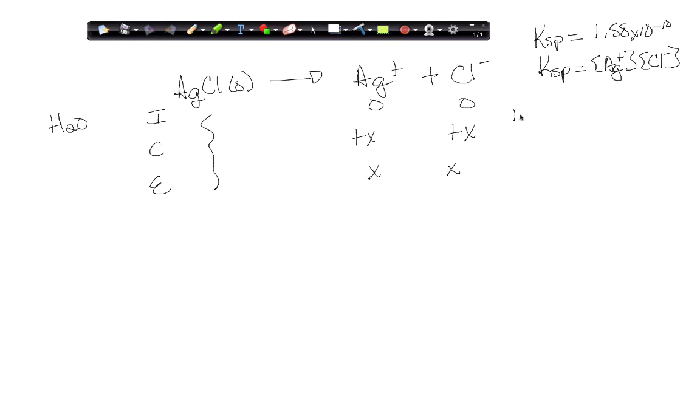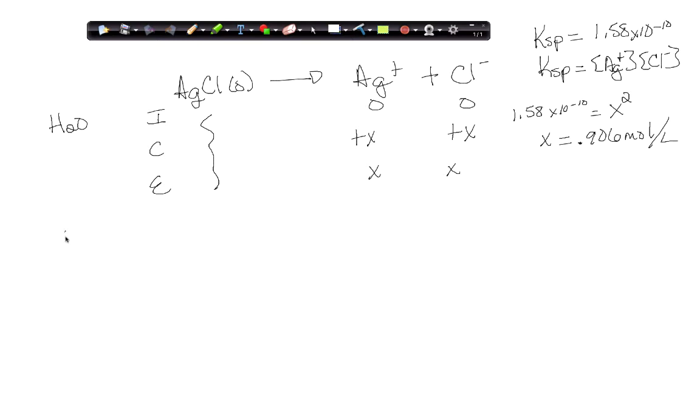So my Ksp is 1.58 times 10 to the negative 10. That's equal to x multiplied by x, so x squared. Take the square root to get x by itself. You're going to get 0.906. So if I have 1 liter of water, I'm going to dissolve 0.906 moles.